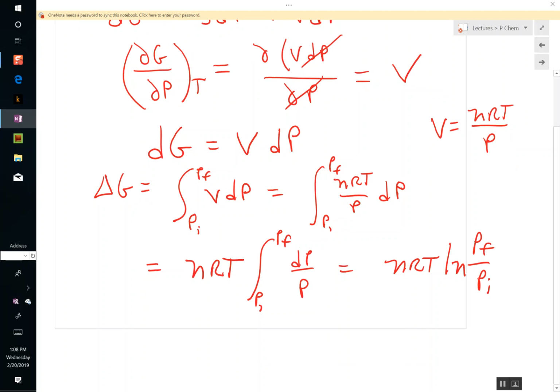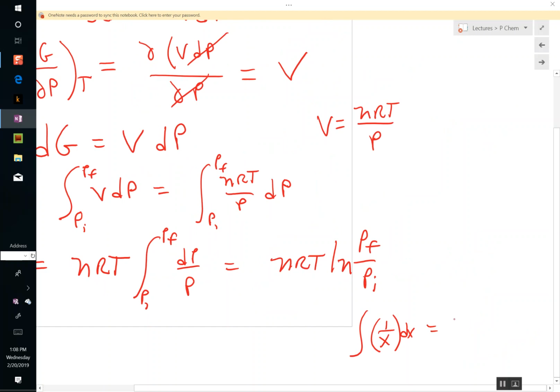That's just coming from the integral: if you integrate 1 over x dx, it's going to equal the log of x.